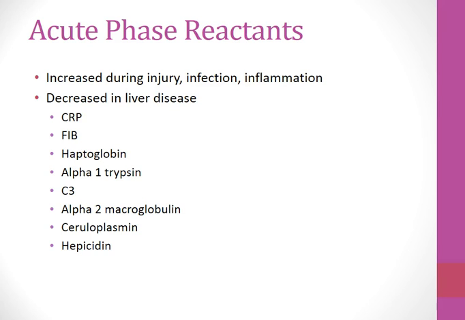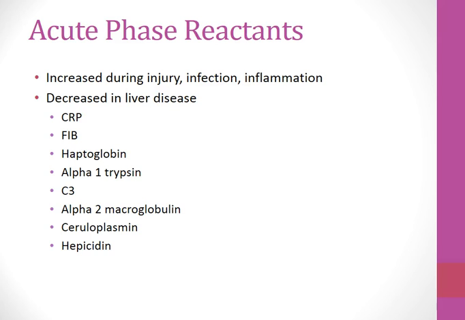Ceruloplasmin binds copper and is active in collagen formation, and this is involved in Hodgkin's disease, which is a type of white cell disorder. And hepcidin, that's spelled wrong. It's supposed to be H-E-P-C-I-D-I-N, hepcidin.